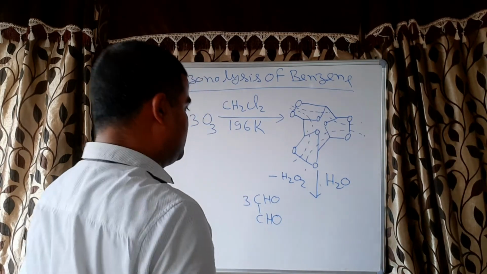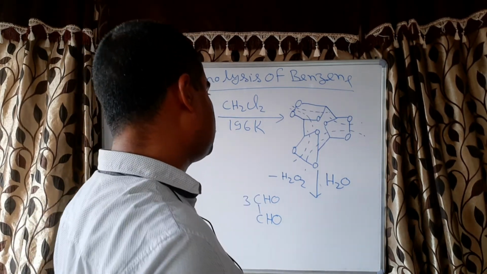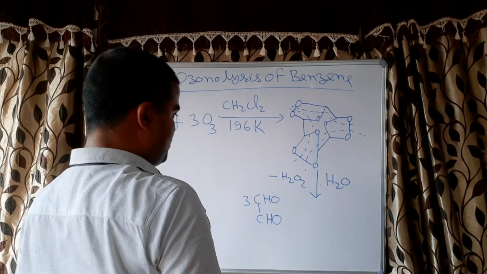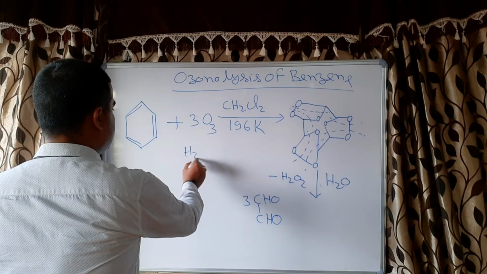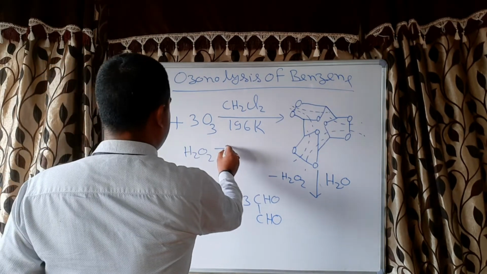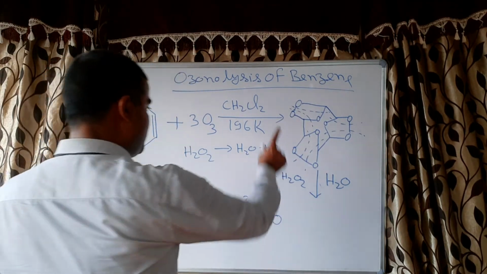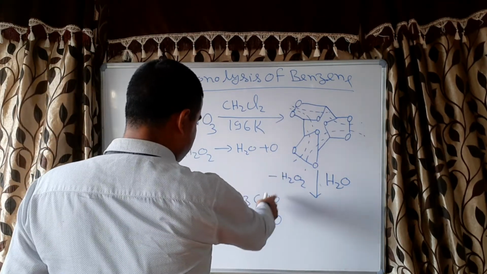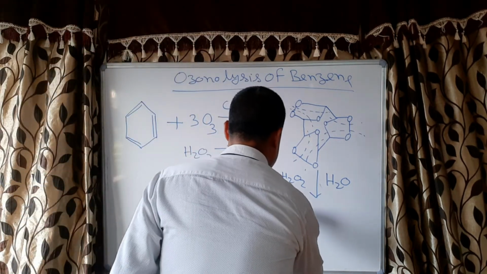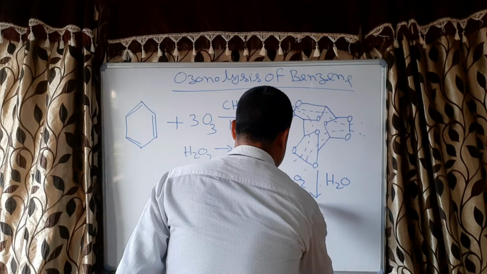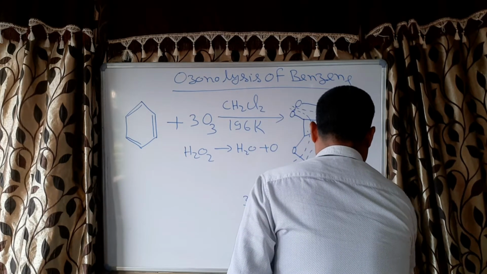Now you will ask, sir, where is the oxidative cleavage, because the product is the same as the reductive cleavage. Now I will tell you, what this H2O2 will do. H2O2 is the combination of H2O plus O. Now this oxygen again reacts with 3 molecules of the glyoxal and oxidizes it into 3 molecules of COOH.